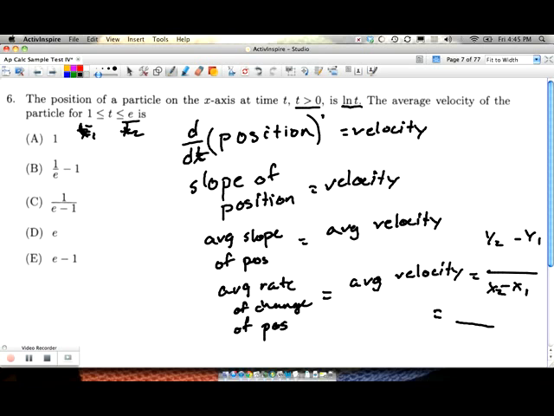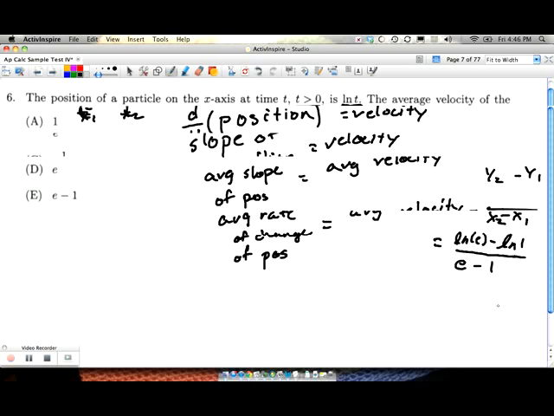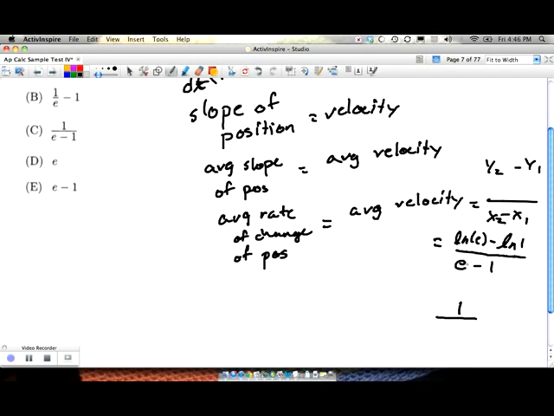That means that I'm going to have a fraction, on bottom is going to be e minus 1, and on top is going to be natural log of e minus natural log of 1. Now if I were to simplify that, natural log of e is 1, natural log of 1 is 0, then e minus 1 on the bottom.